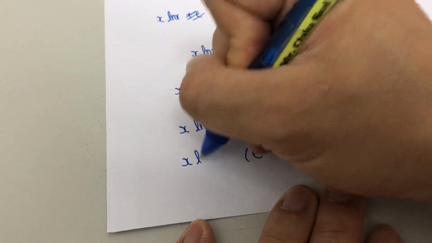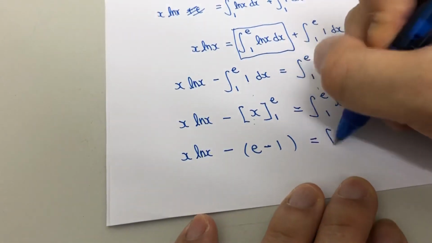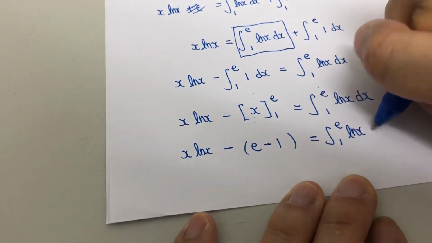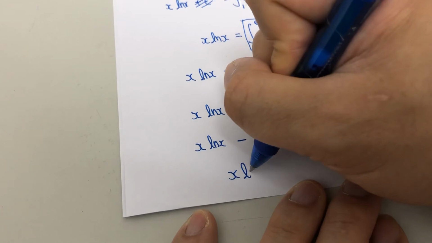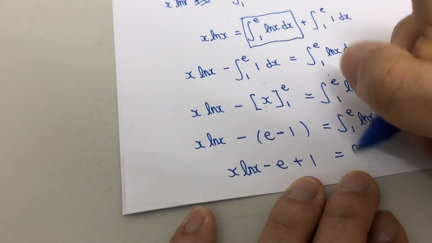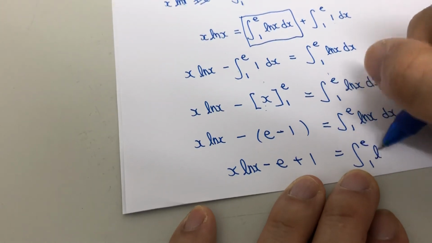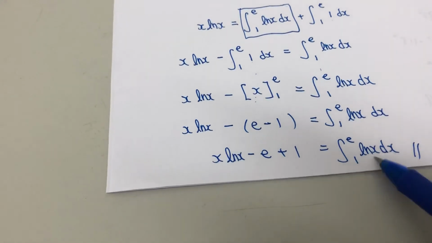So we have x log x minus this guy. And therefore the result should be e log e minus e plus 1. It becomes this. Okay? All right.